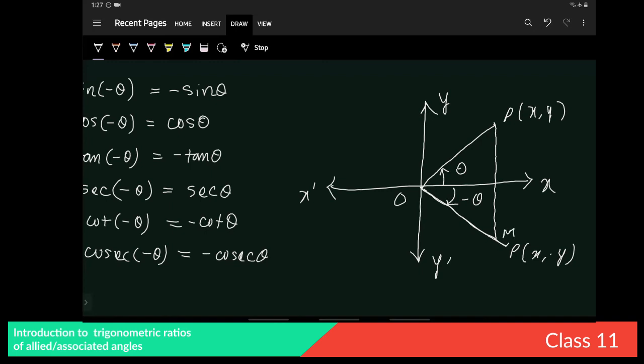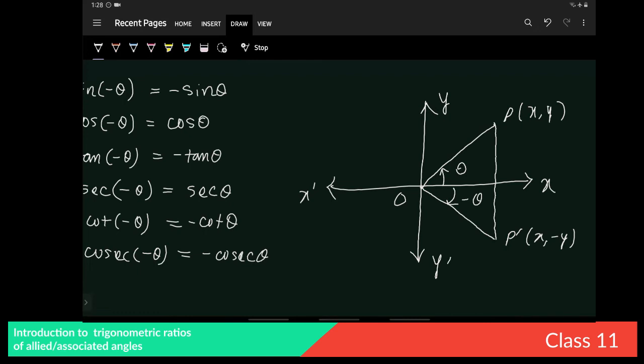This is, I'm sorry, this is also p, because if I join this line, this is p dash. It is x comma minus y. Why? Because in the fourth quadrant the abscissa is positive and the ordinate is negative. So it is making minus theta angle with the positive direction of x-axis.